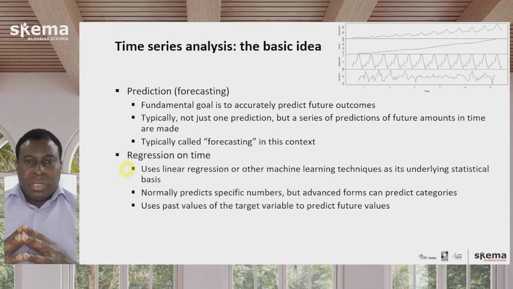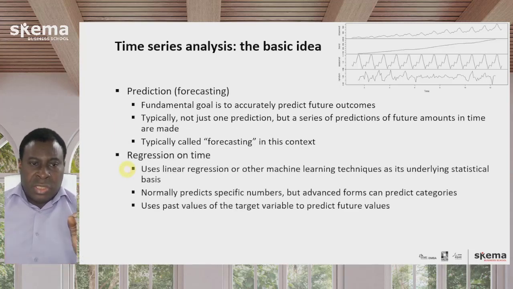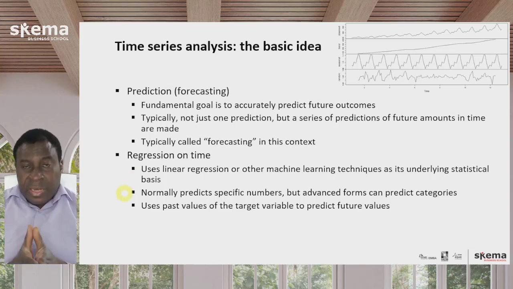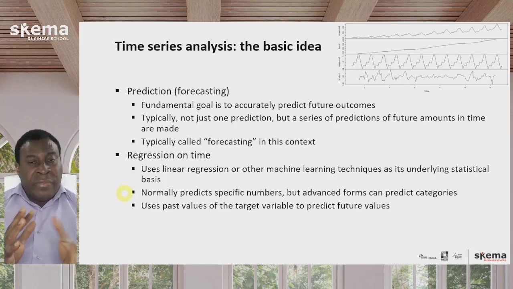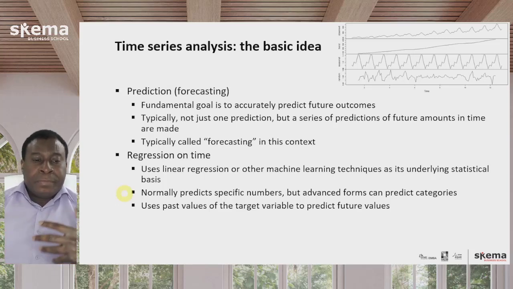So time series analysis is regression analysis over time. It uses linear regression or other machine learning techniques that carry out regression analysis as the underlying statistical basis, and normally predicts specific numbers, but advanced forms or adaptations can predict categories.